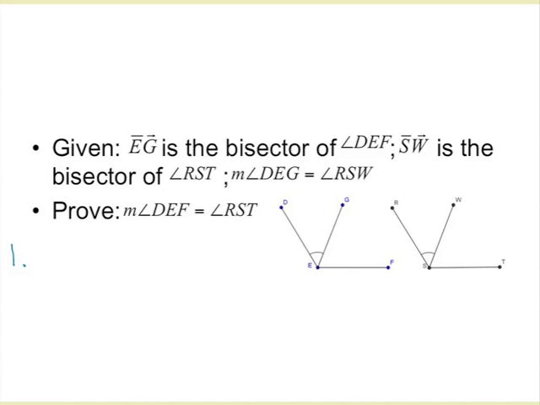congruence. So sometimes when I have different types of givens like that, I like to split them up, and so I'm just focusing on one thing at a time. So I'm going to begin by just saying EG bisects angle DEF, and that SW bisects angle RST.